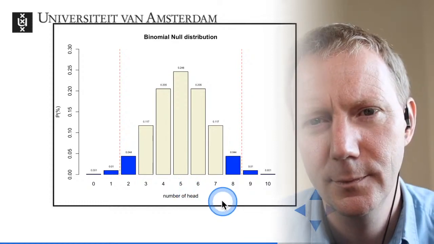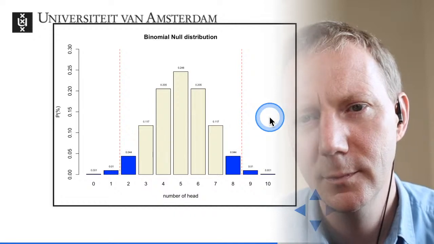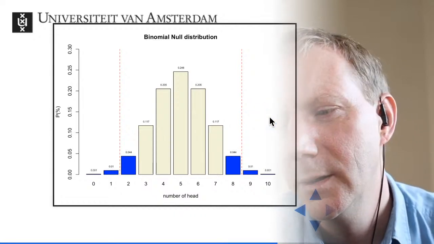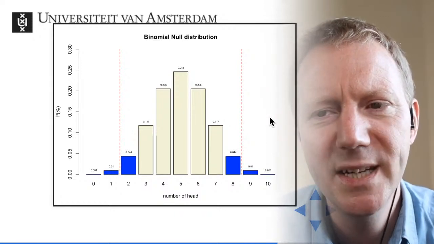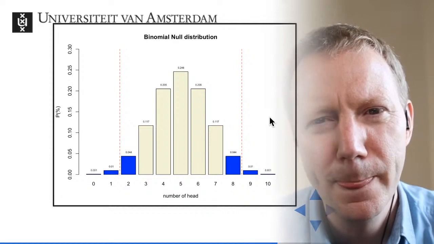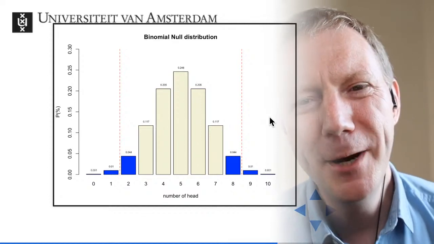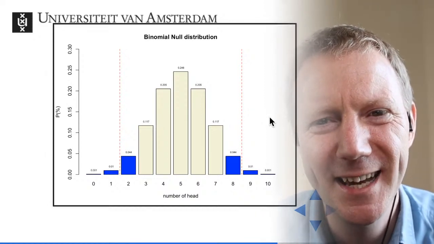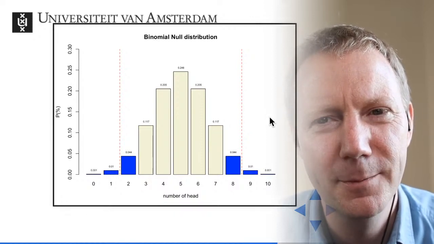But shouldn't the alpha level, the red lines, then move behind the 2 and the 8? Shouldn't the red line move based on our p-value? We determined what our threshold was, right? We said that we put our threshold at 5%.